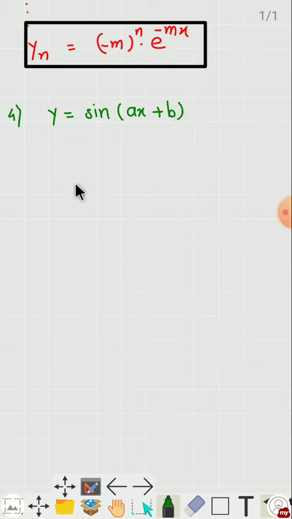Let us find its first order derivative. y1 is a into cos of ax plus b.